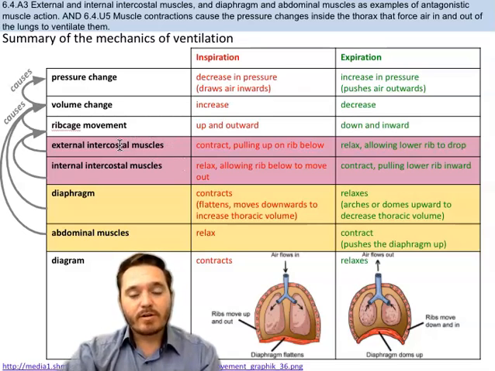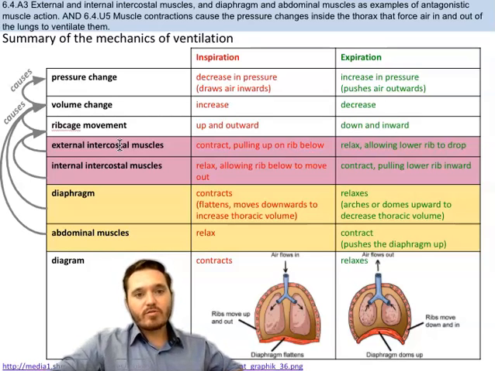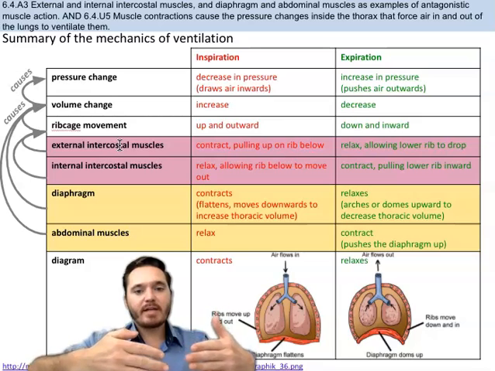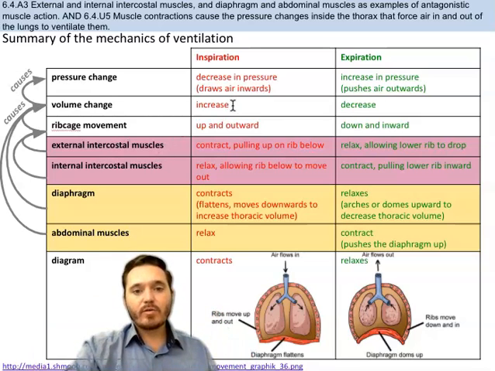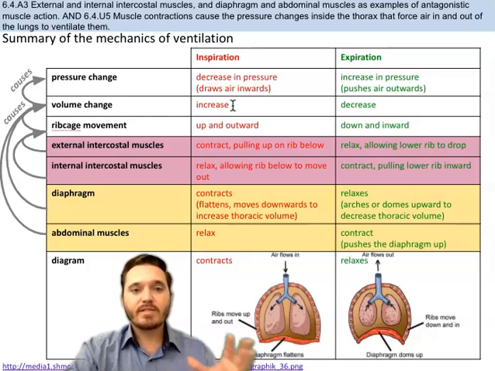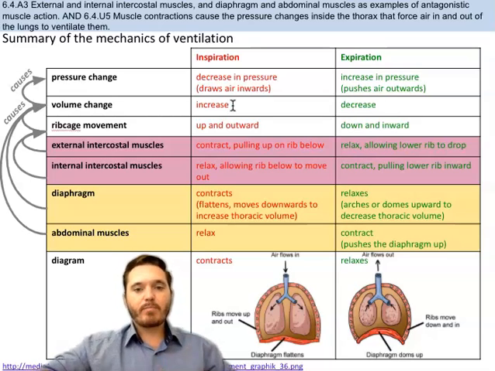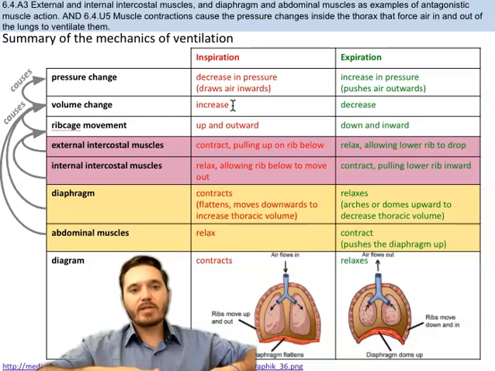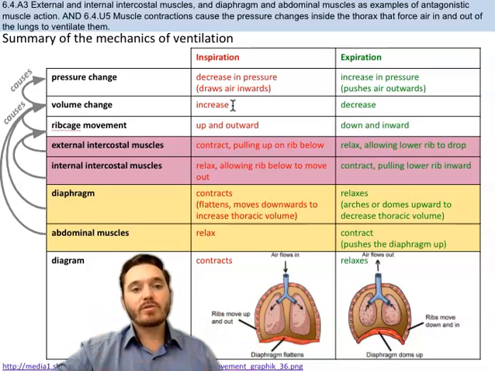When the external intercostals contract, so you can imagine they're on the outside, external to your rib cage, your rib cage is going to move out and expand. That's going to increase the volume in your thoracic cavity, or your thorax, or your chest cavity. You can say any one of those words. That's going to pull out on your rib cage to create a decrease in pressure and pull air into your lungs.